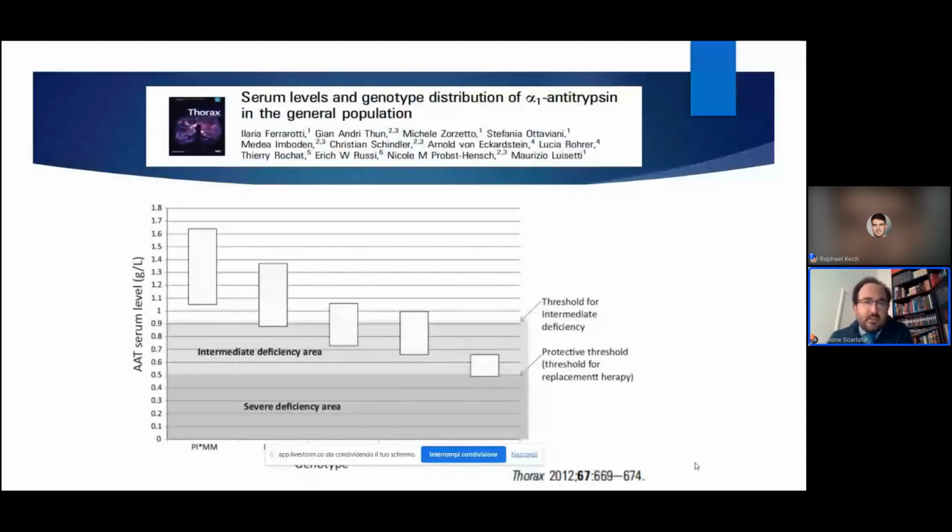Here we see very easily how different phenotypes and genotypes are very strictly associated with circulating alpha-1 antitrypsin serum level. Using the normal variant as a reference, we observe a progressive reduction in circulating level according to the different phenotype and genotype.